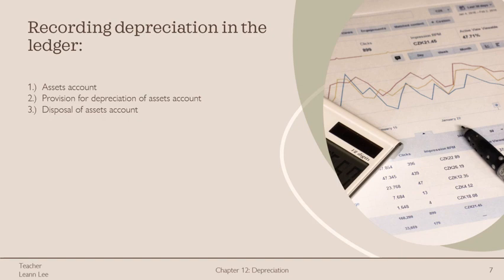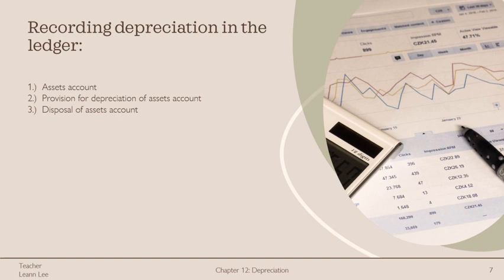What is the provision for depreciation of asset account? You need to open another T account with the title provision for depreciation of asset account. Its increase will be on the credit side and decrease on the debit side, because it reduces your non-current asset, therefore it's the opposite side.